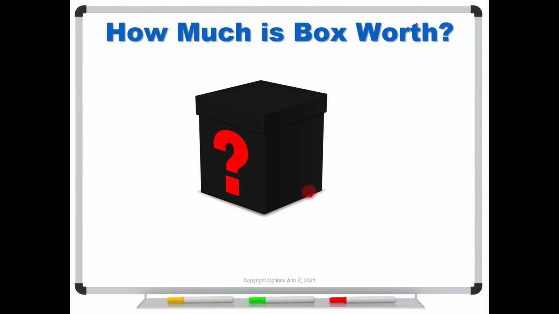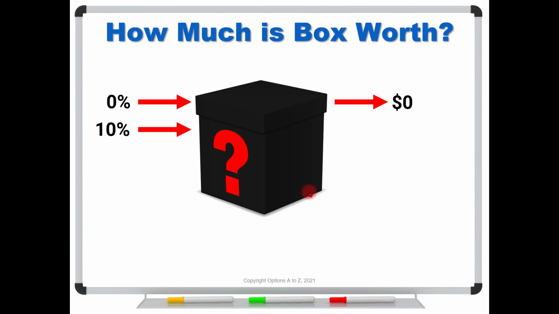So this gets back to how do we value something that we're not real certain about? I've talked about this concept in previous videos, but let's say we have to figure out how much this box is worth. And there's a maximum of $1 hiding in this box, but it's not guaranteed to be there. Well, if we feel that there's absolutely no chance of it being in there, we shouldn't pay a single thing for the box. If we feel that there's a 10% chance of that dollar being in there, we shouldn't pay $1 for it.